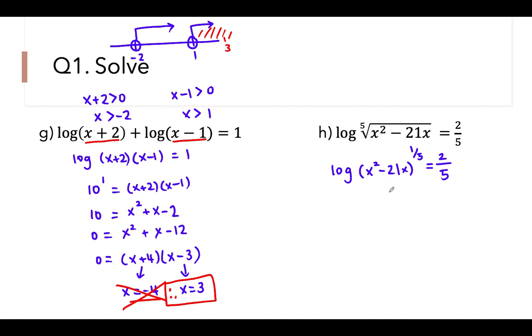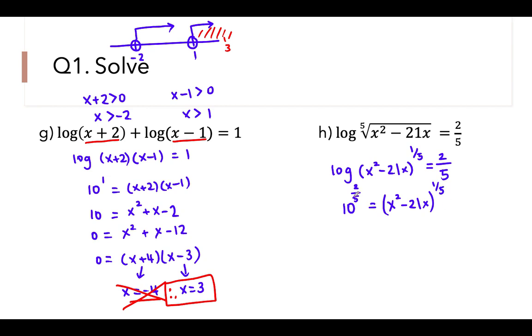Then I'm going to change it into exponent form because we only have single log. So 10 to exponent of 2 over 5 is equal to x squared minus 21x to a power of 1 over 5.